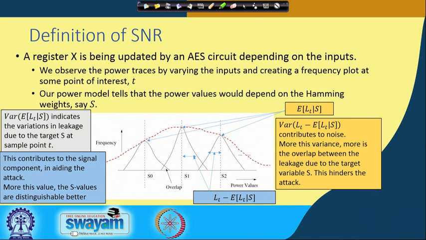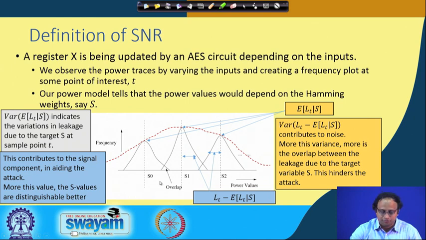As we know, there could be different values that the state register takes. For example, if you are modeling by Hamming weight classes, then it can take several Hamming values. Our power model tells us that the power values would depend on the Hamming weight, say S. Here is a pictographic representation of the normal distribution.